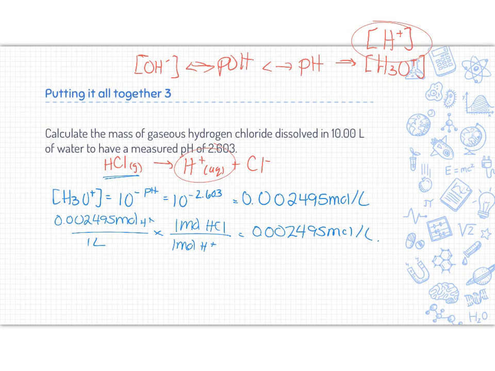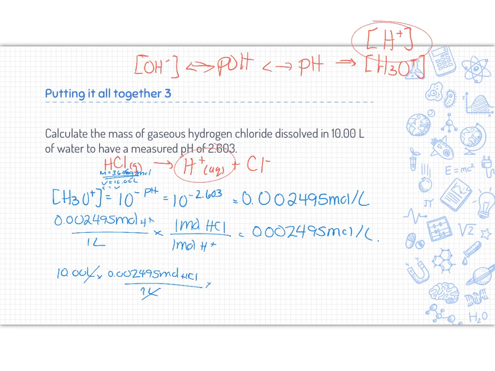All right, so now that I have a concentration of HCl, we know that this is in a volume of 10 liters. We have its concentration, and I know its molar mass is 36.46 grams per mole. So 10 liters times its concentration, 0.002495 moles of HCl per 1 liter.